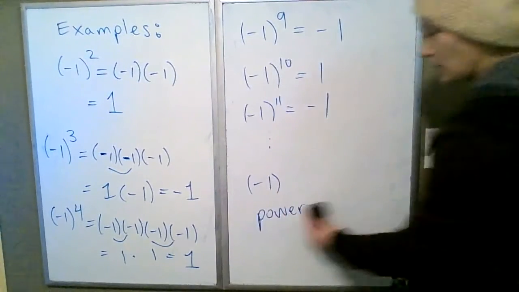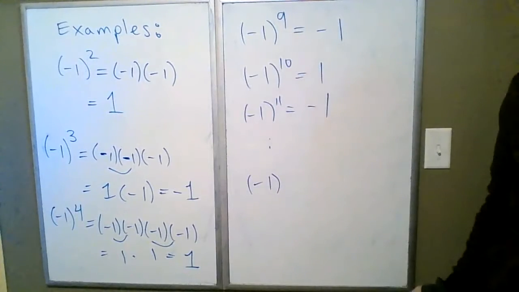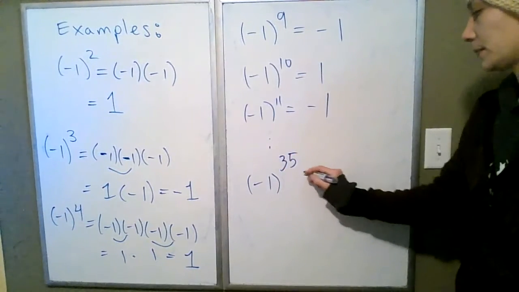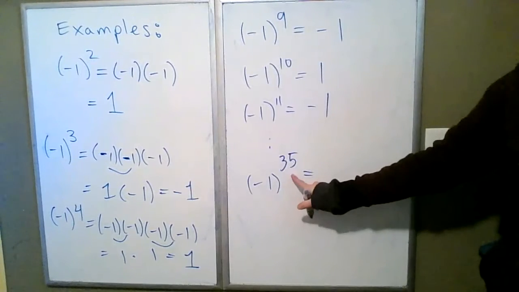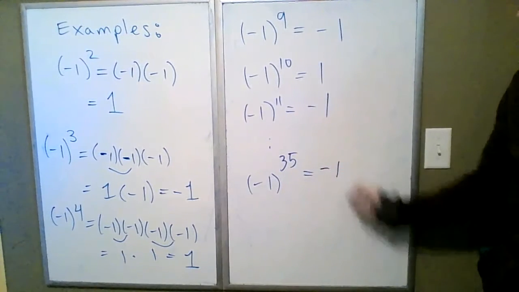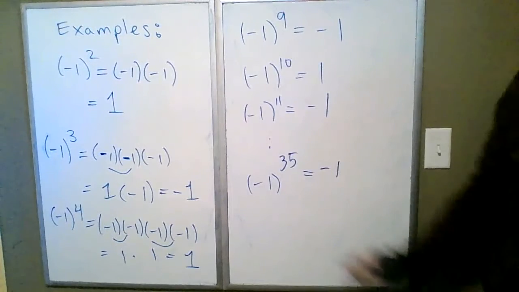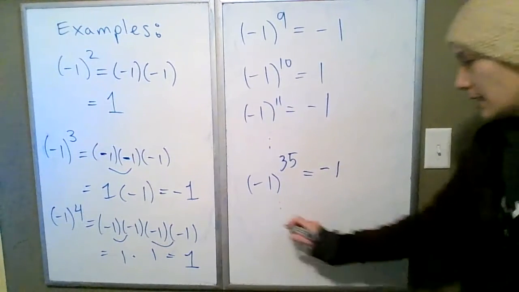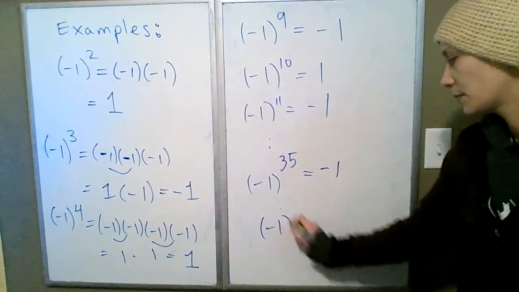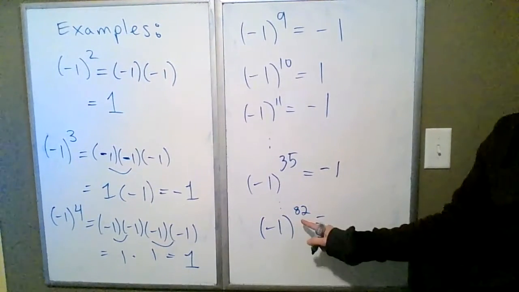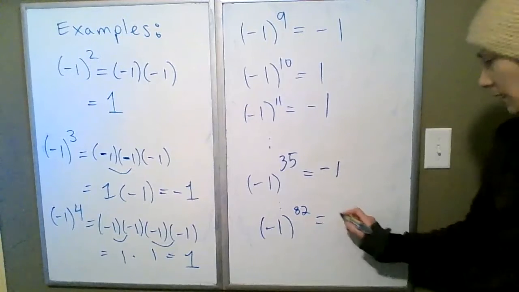Let's do -1 to the 35th. It's an odd power, so it's -1. How about -1 to the 82nd? It's an even power, so we're at +1.